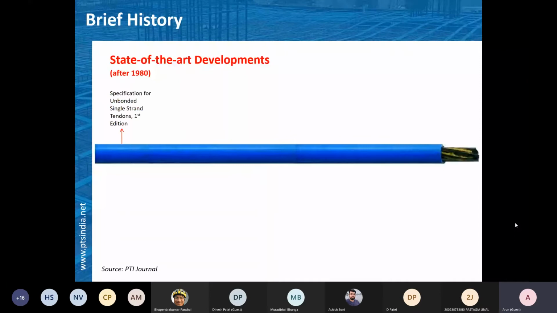To sum up the history, the first is the specification developed by the PTI. Then the system of extruding plastic sheathing around the grease and strand was developed. Whatever you see right now, the horizontal member is a cable; the blue color is the sheathing, the yellow color is the grease, and the dark color is our cable material, the strand.